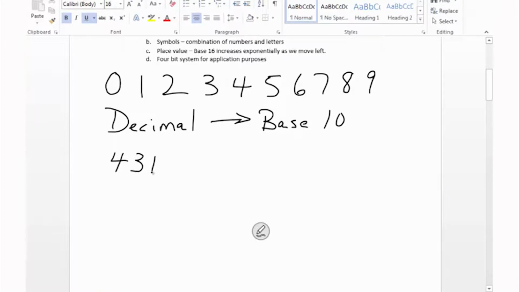Well, each one of these numbers, the 4, the 3, and the 1, holds a particular place value for us. Now, what does that mean? Well, basically, we have the ones place, the tens place, and the hundreds place.